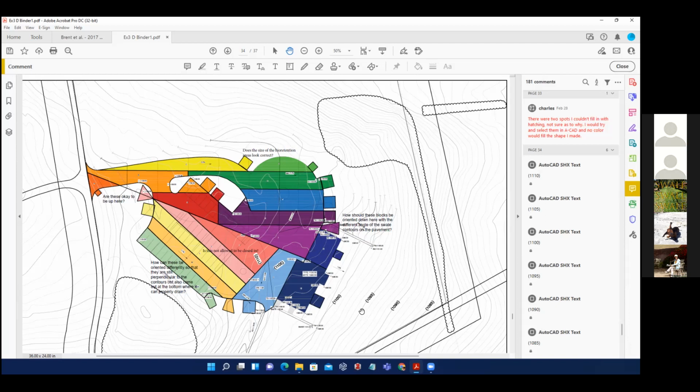I don't know if that answers your question. If not, please let us know. Are these okay to be up here? Those are okay. Nope. The small pink you would not have upstream of your contributing area.